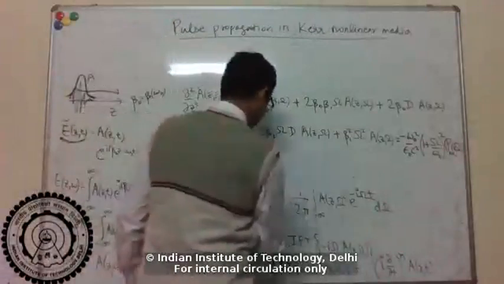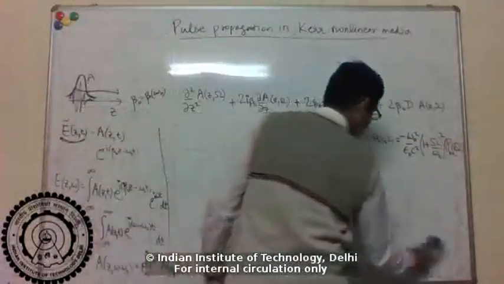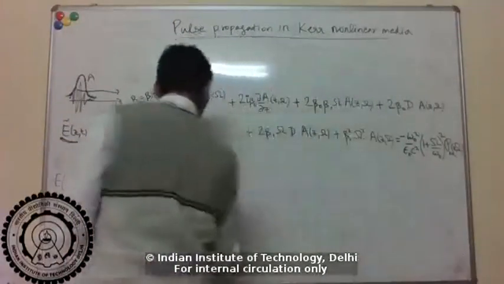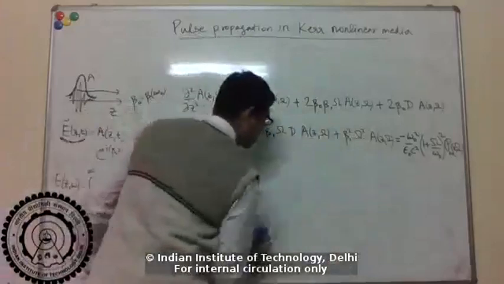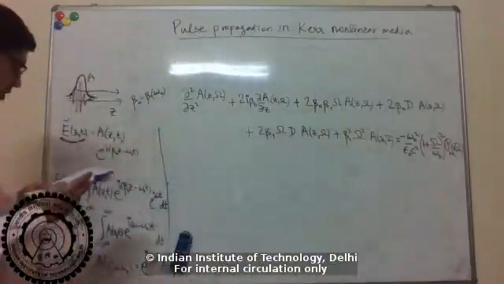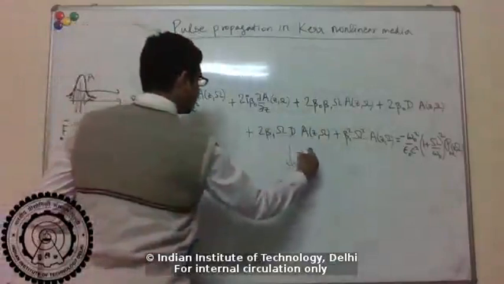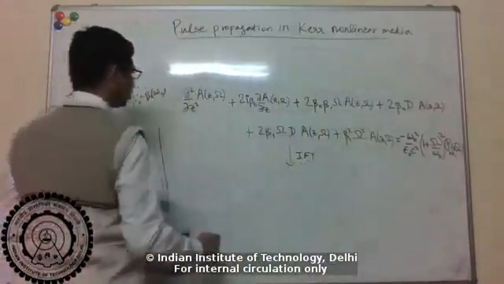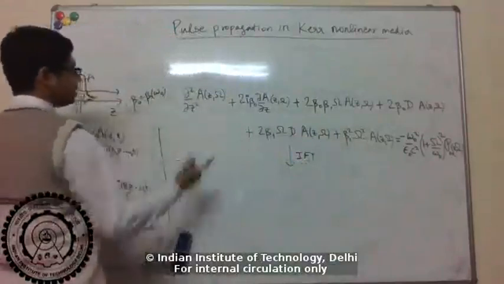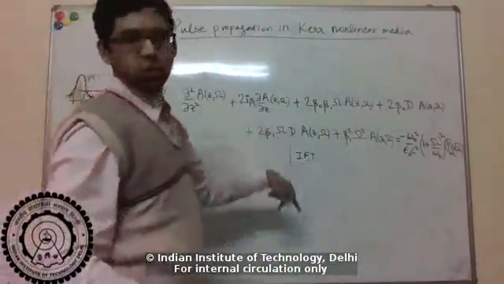We'll keep that and erase this. Okay, so we inverse Fourier transform. The first term is just a derivative in z, that remains like that. So A_z of omega becomes A_z of t.